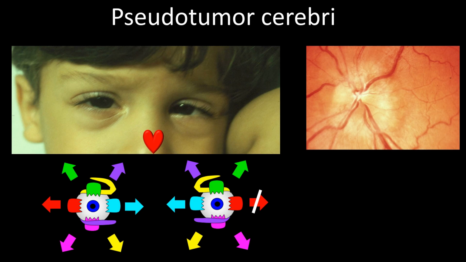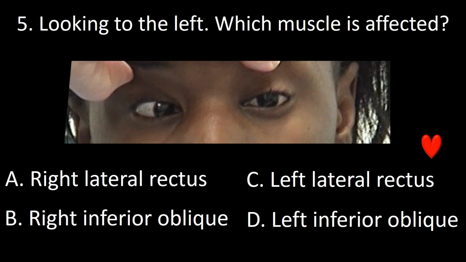In this patient, the left lateral rectus weakness was due to left cranial nerve 6 compression. This patient also had papilledema. These findings were due to pseudotumor cerebri, to which we will refer at a later class. So the answer to this question is C.